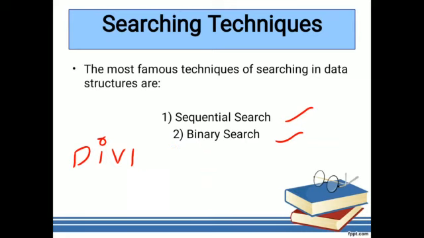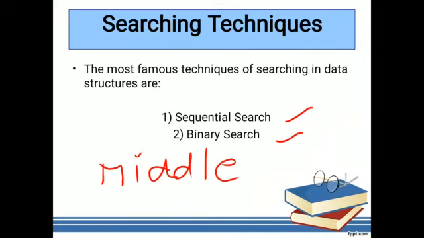Instead of traversing from the first element to the last element, here the key element is directly compared with the middle element. So instead of comparing from the first element onwards, it directly compares the middle element. Then how will we find the middle element?